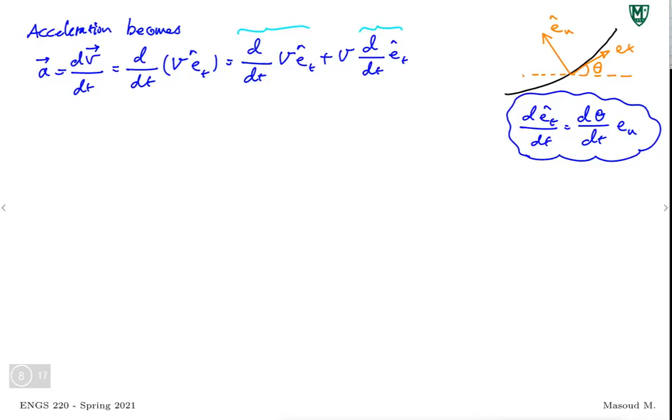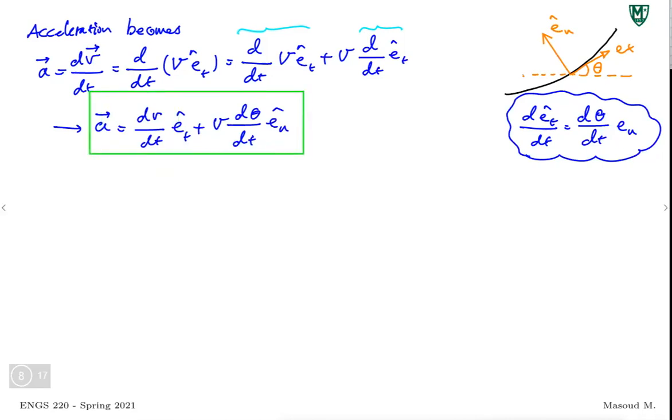Take it from me. So if you plug that in, acceleration becomes dv/dt et plus v d theta/dt en. This is the relationship for acceleration.